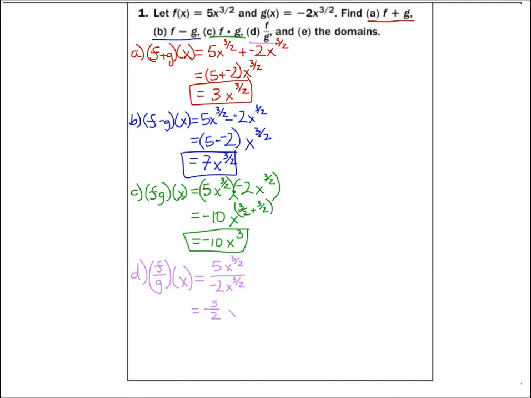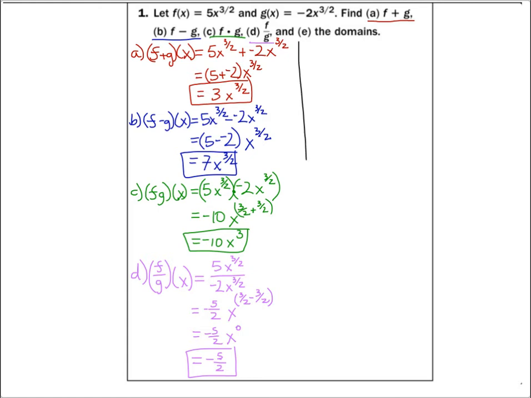And then if you want to make it look long, you take the x's and you subtract the exponents. And that's negative 5 halves x to the 0. But then, of course, nobody writes the x powers of 0. So if you want to look like you know what you're doing, you write negative 5 halves alone. I guess if you wrote x to the 0, the one above the boxed answer, you'd be right too, but probably would be less proud of yourself, etc.